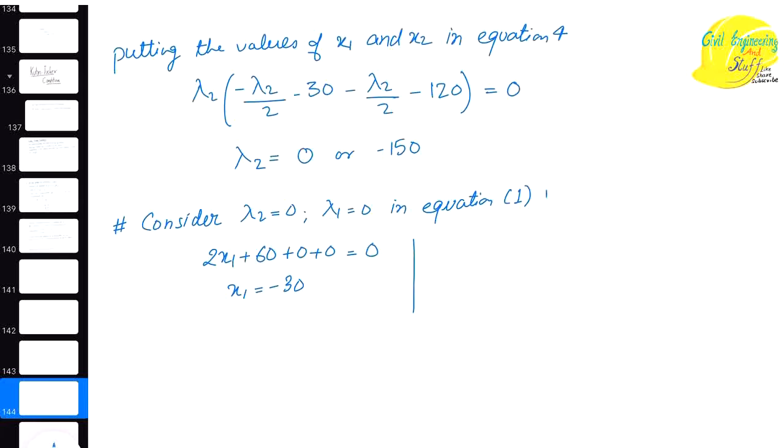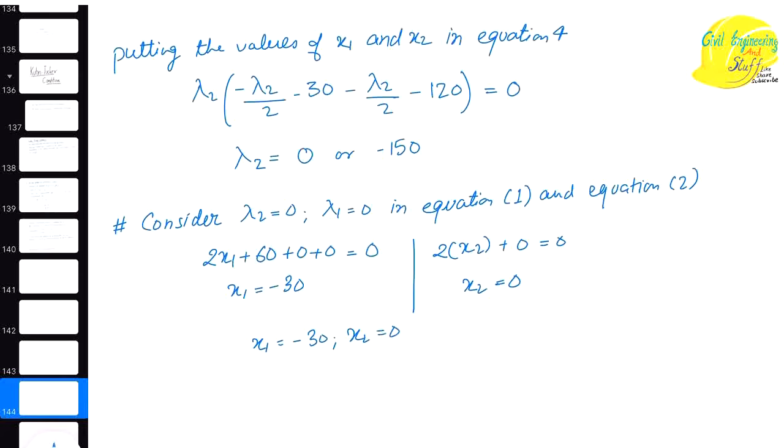And equation 2 is 2x2 plus 0 equal to 0. So x2 will be equal to 0. So we have x1 equals minus 30 and x2 equal to 0. This is our value.